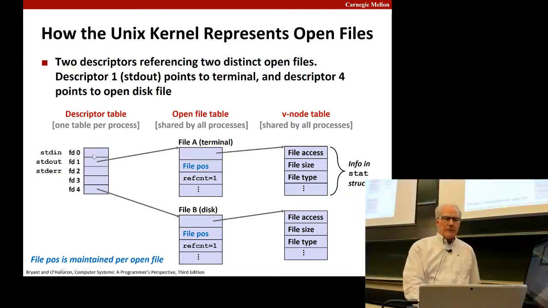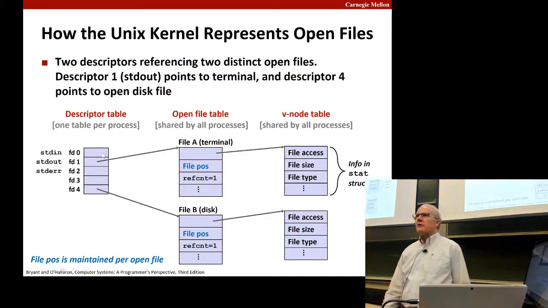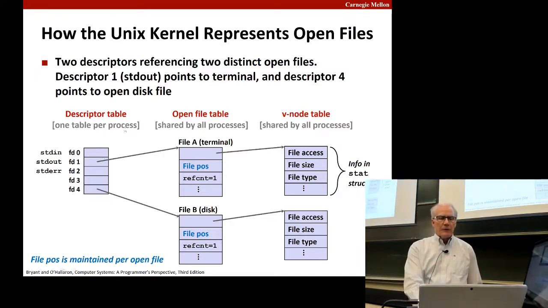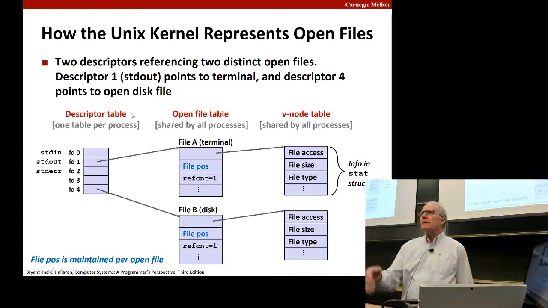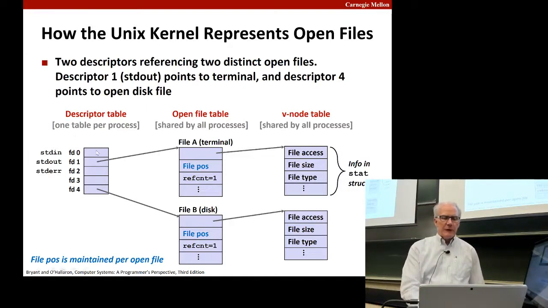As I mentioned, file descriptors tend to be small integers, and the reason they're small is they're actually indexes into a table that's part of the state data about your process, a list of all the files associated with this process.